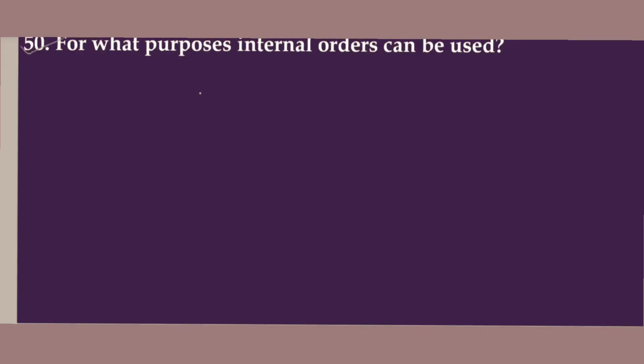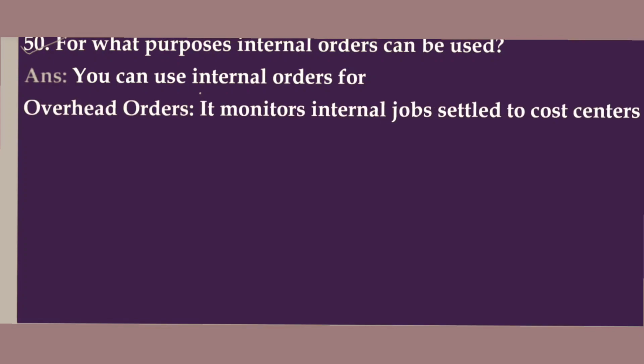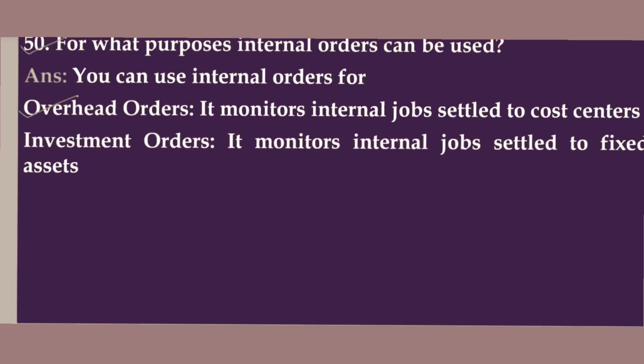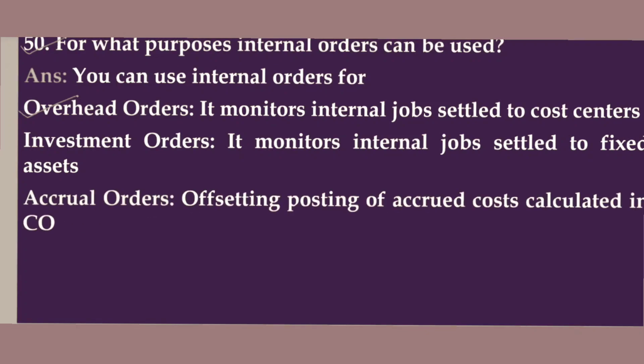For what purpose can internal orders be used? You can use internal orders as overhead orders to monitor internal jobs settled to cost centers. Investment orders monitor internal jobs settled to fixed assets.